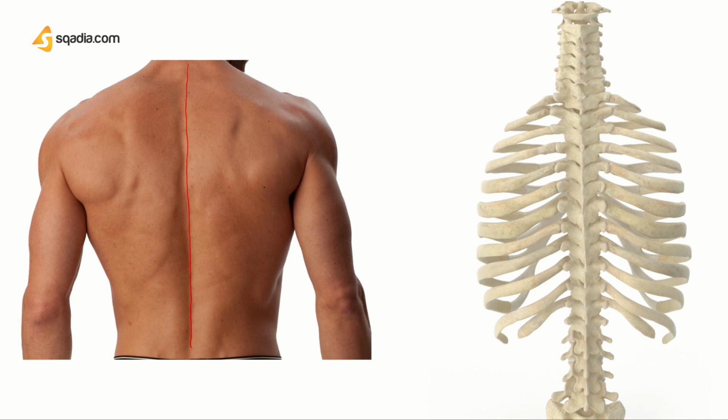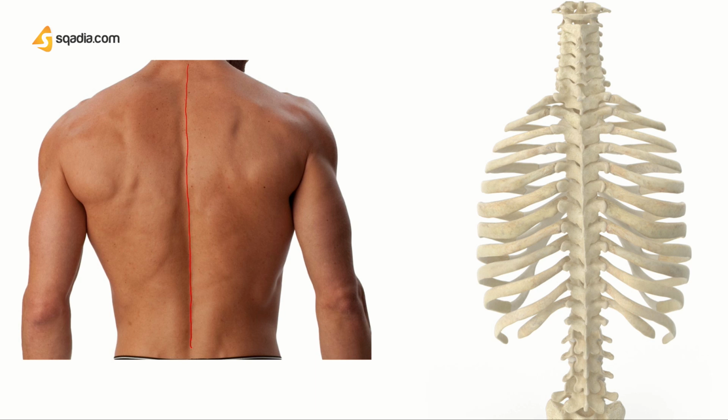Okay, so now that we've done the posterior median line, there are two other lines on the back that are very important and very significant with respect to description of anatomical structures. These are called the scapular lines.